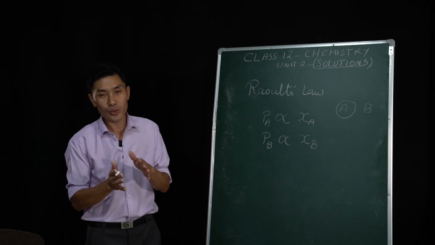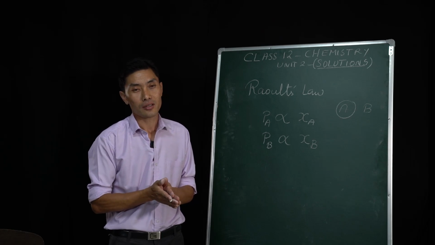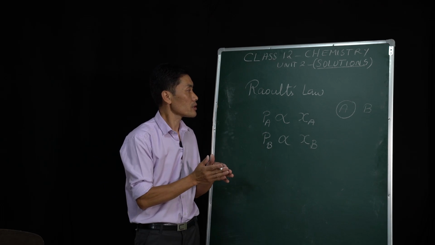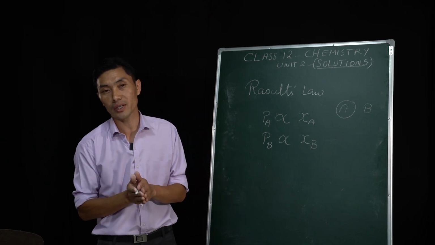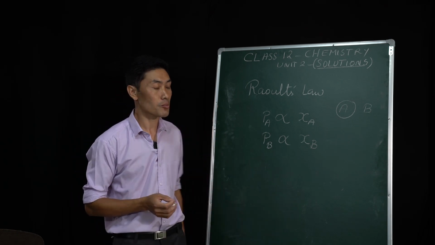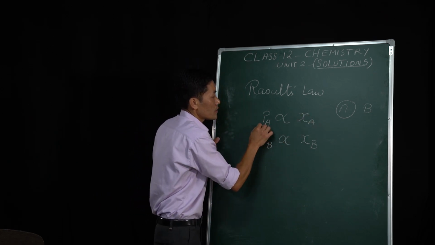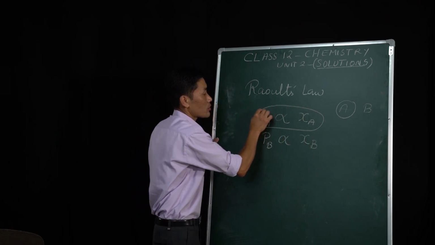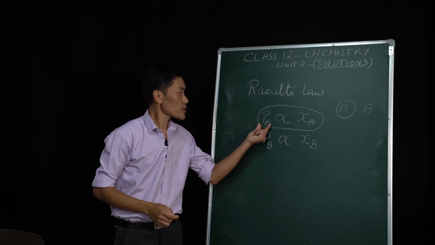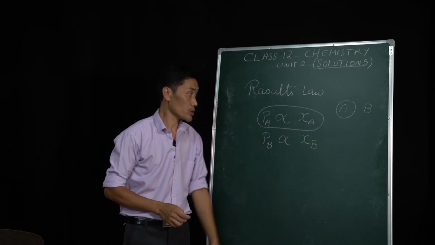For liquid-liquid solutions in which both the liquids are volatile, we can say that the partial pressure exerted by each component in such a solution is proportional to its mole fraction. If we consider this component A, the partial pressure of the component A is proportional to its mole fraction in the solution.